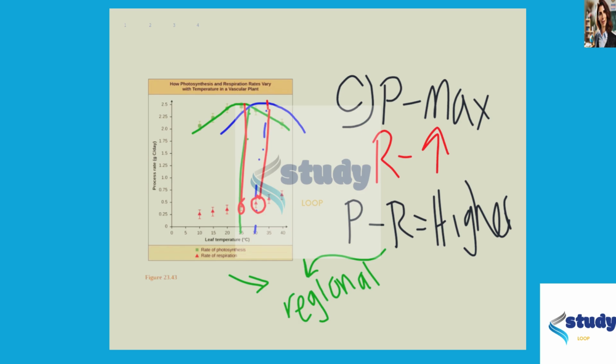Does this occur in other areas, like the desert, or is there an adaptation that's happening? Is the stomata doing something? Is there an evolutionary factor? So is there an adaptation of some sort? So those would be my questions. And like I said, there's not a right answer to that one. Okay, so that was part C.